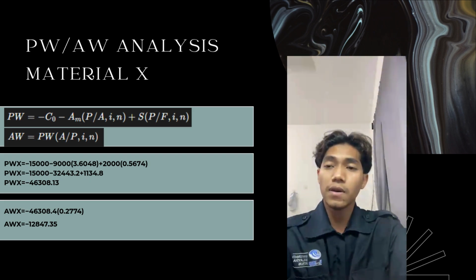Then we have the annual worth formula. So PW, present worth, I is the interest rate, N is the lifetime.